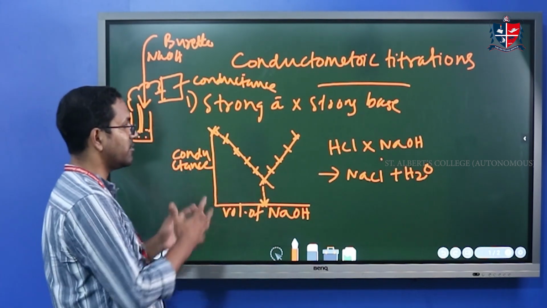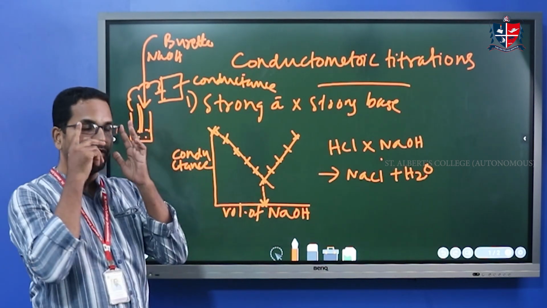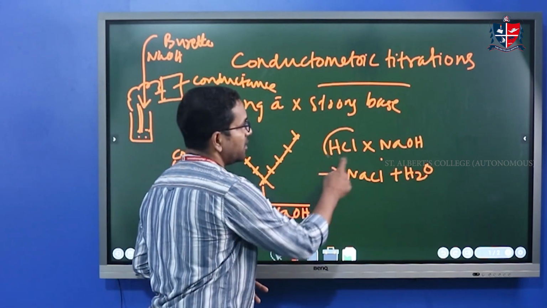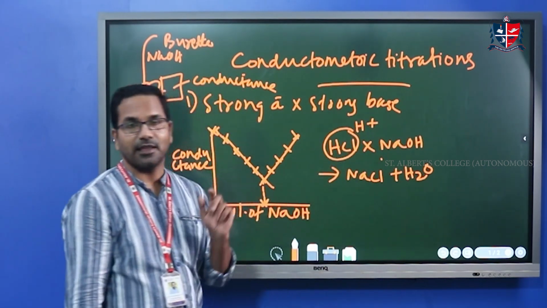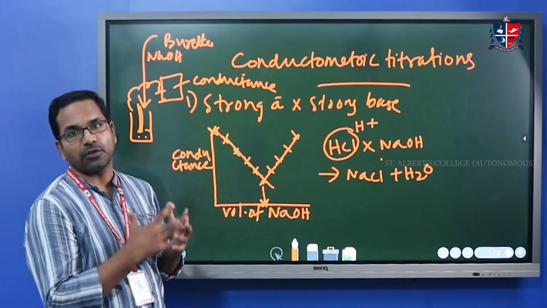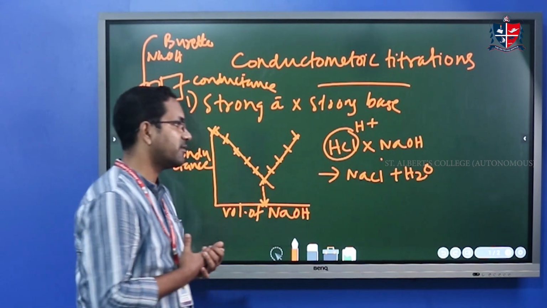So, what is the reason for this initial decrease and then the increase in the value of conductance? In an HCl solution, there will be a lot of H plus ions. Along with that, Cl minus ions are also there. But the main contributor for the high conductance value is the fast moving H plus ions.